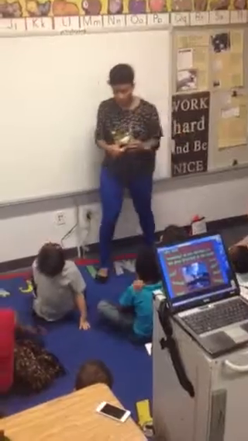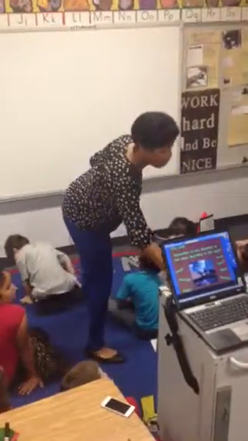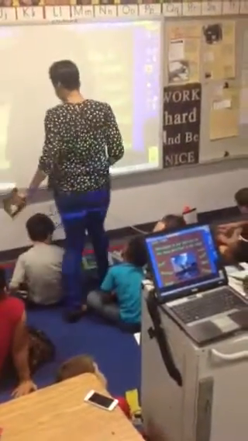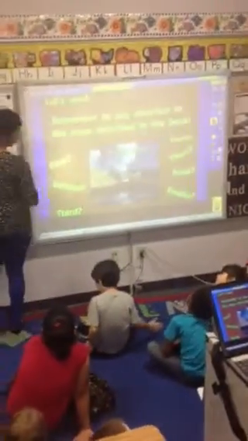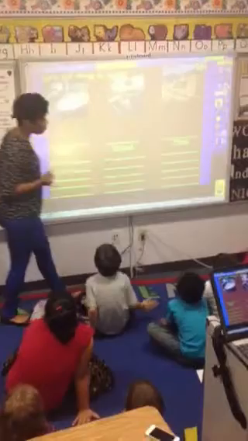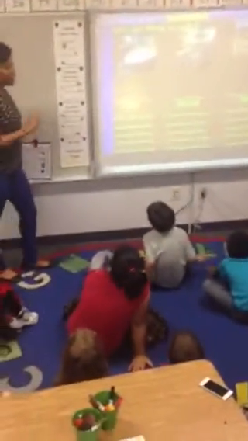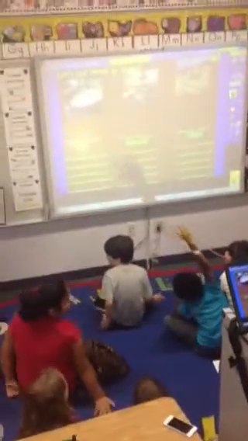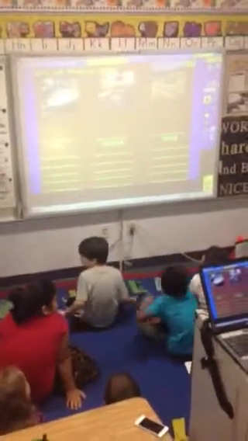The end. Okay, so now that we've read this text, we're going to put the steps in order. Amy, I like the way you're sitting. Can you come up here and drag the first step?